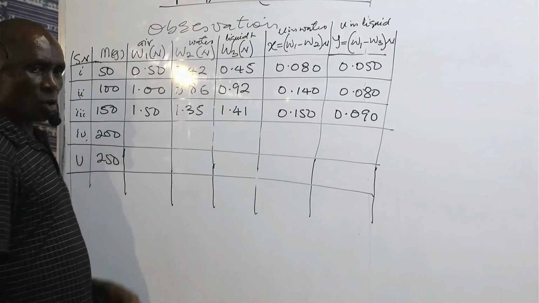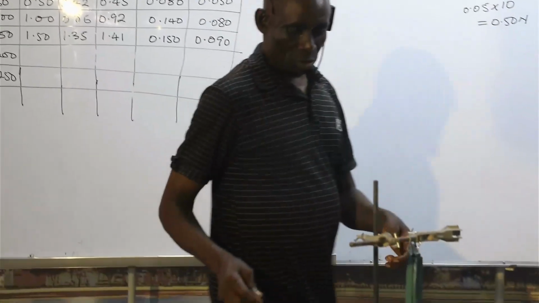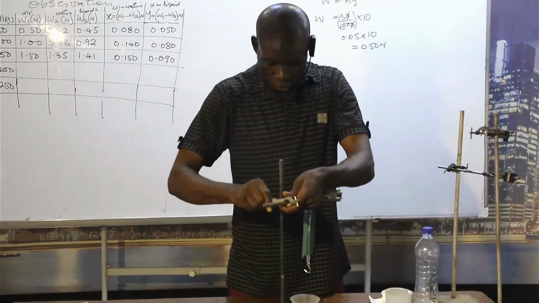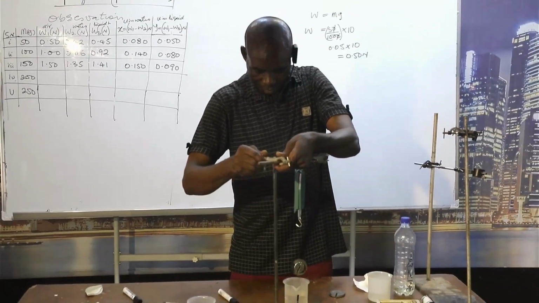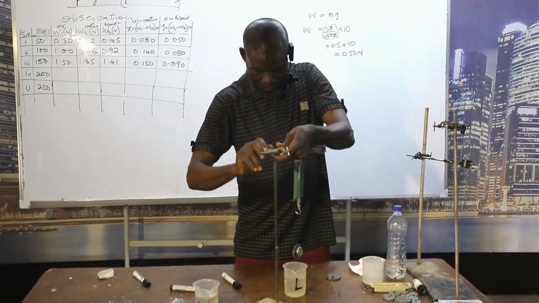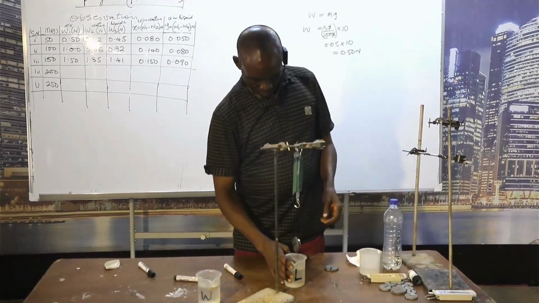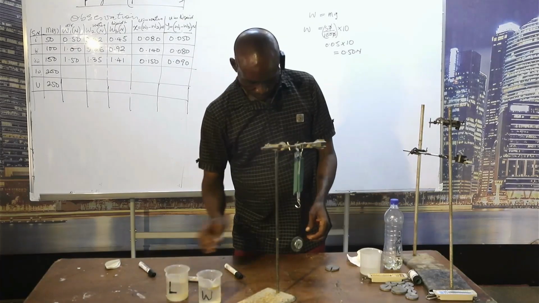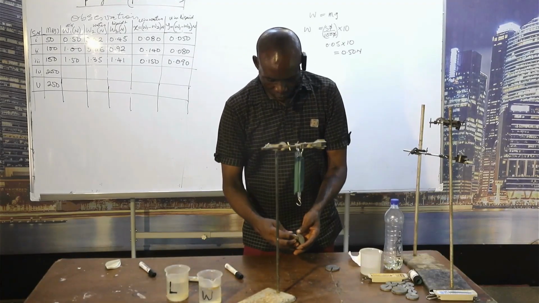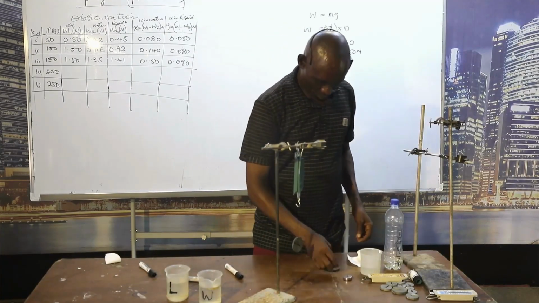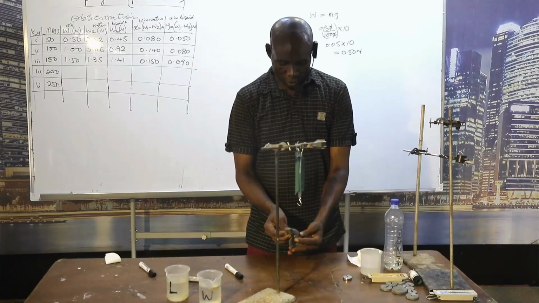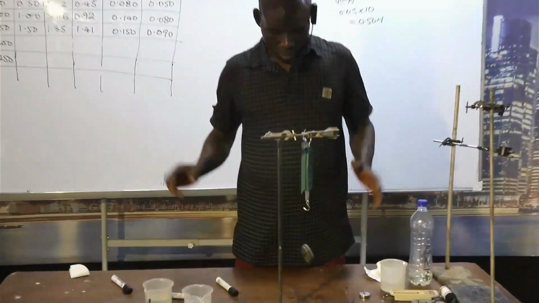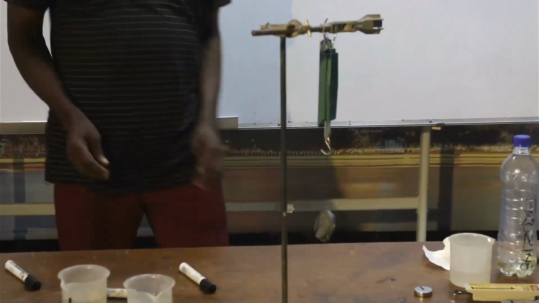Then we now move over to, we change to 200. For us to change to 200, we remove 50 and add 100. We have 200 now.